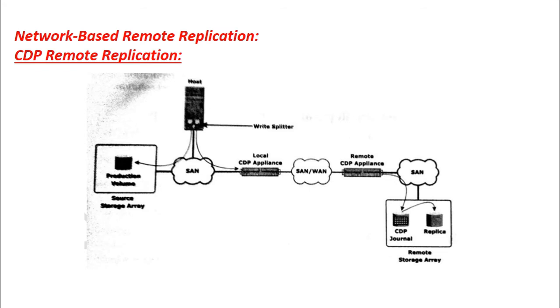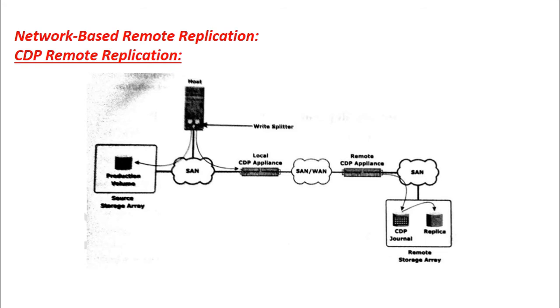So here, after the replication starts, all the writes from the host to the source are split into two copies by the write splitter. One copy will be sent to the local CDP appliance at the source site and the other one to the production volume. After receiving the write, the appliance at the source site sends it to the appliance at the target site.